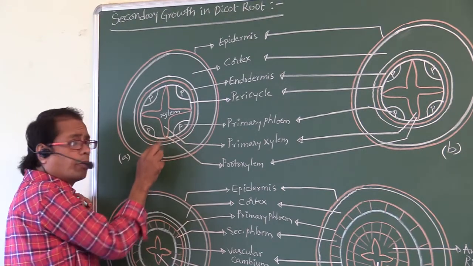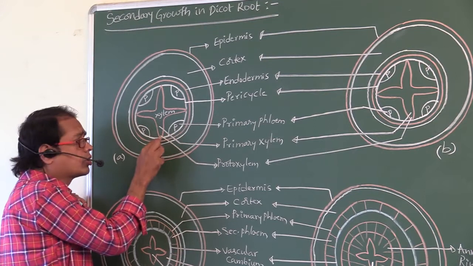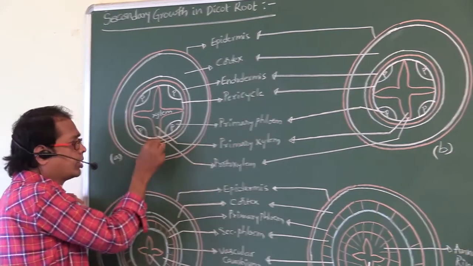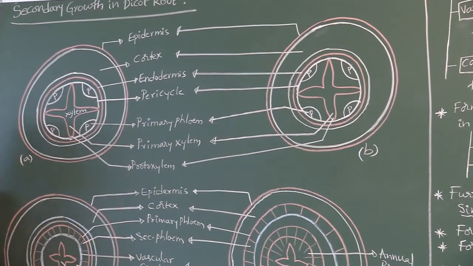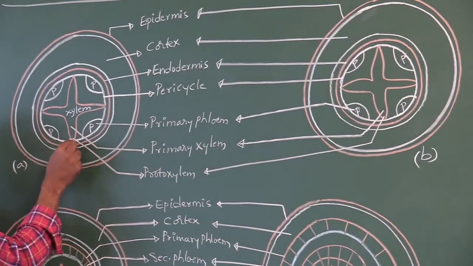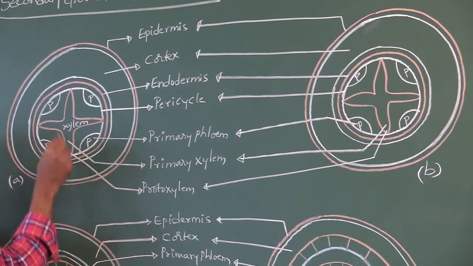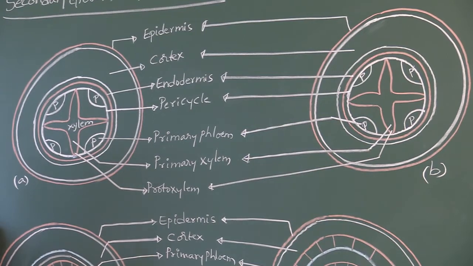The part of the pericycle present above the protoxylem undergoes dedifferentiation and becomes meristematic.